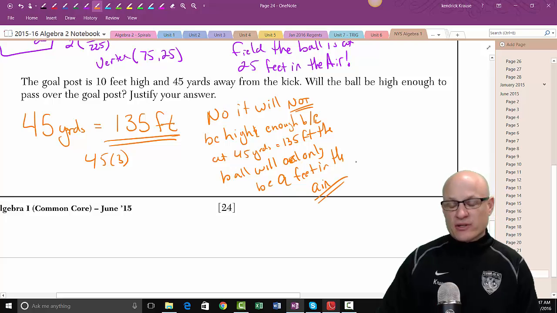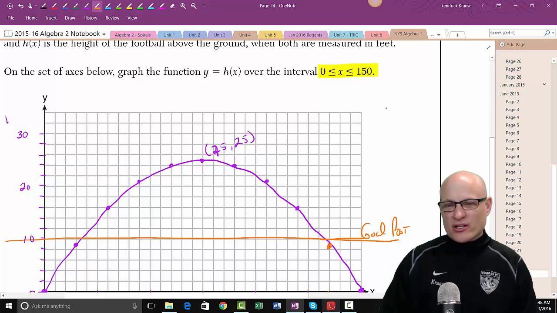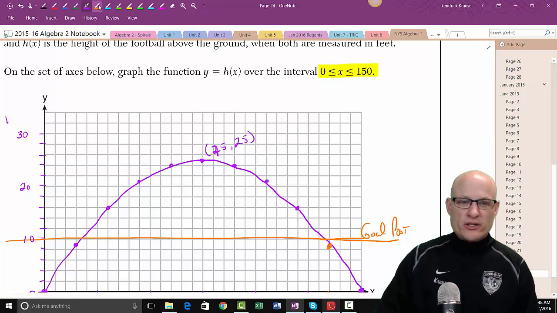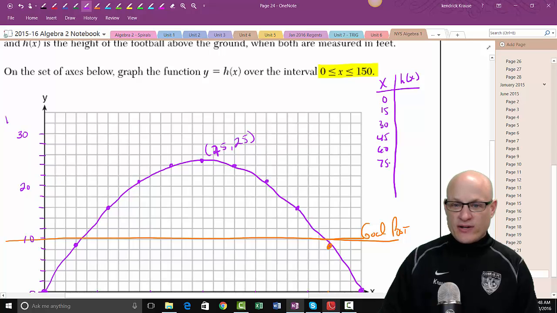And I just realized something, kids. Do you see this work I did up here? Because I did this on my calculator, I really should give the grader my table of values, x and h of x. So we use 0, 15, 30, 45, 60, 75, 90, 105, 120, 135, and 150.